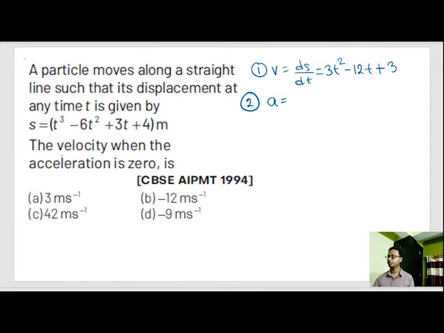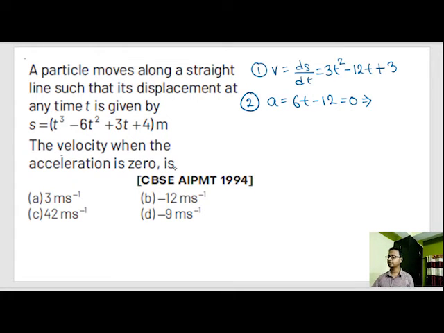Acceleration is equals to, you have to differentiate this 3t square minus 12t plus 3 with respect to time. So 6t minus 12. Now when acceleration is equals to 0, you need to find out the velocity. So the proper way to do it is to set acceleration equals to 0 and find out the time.